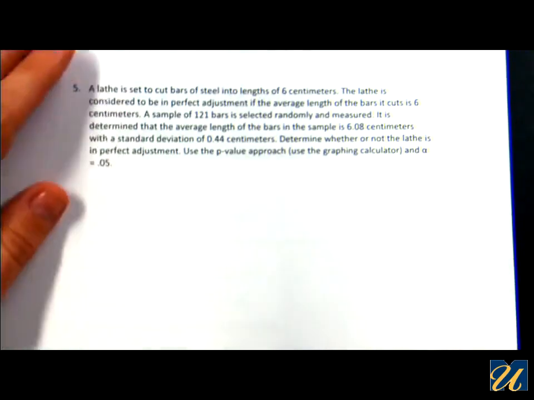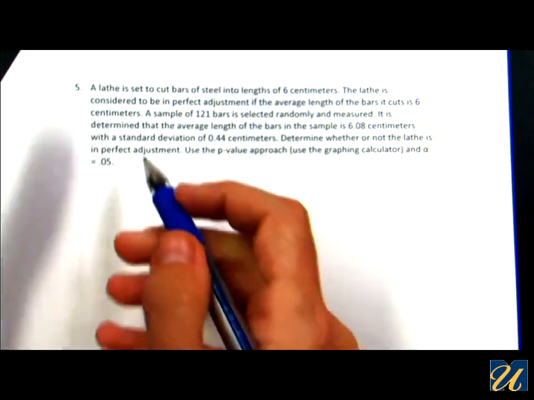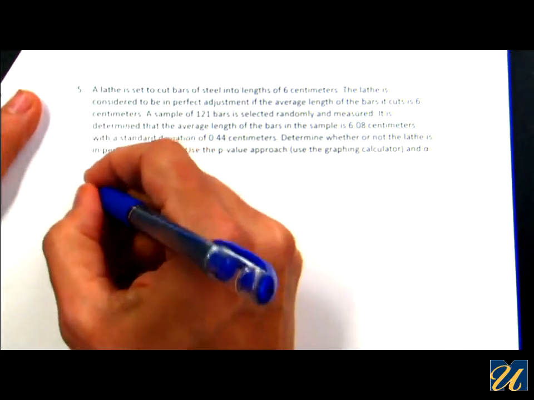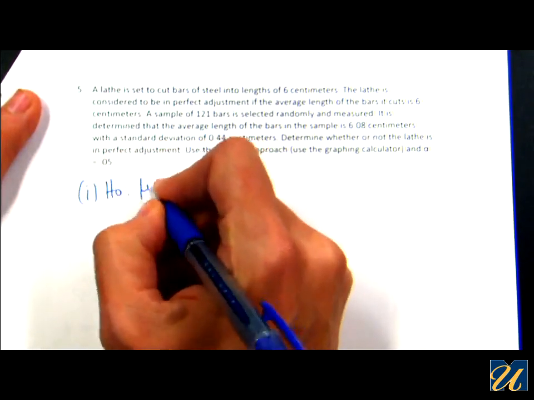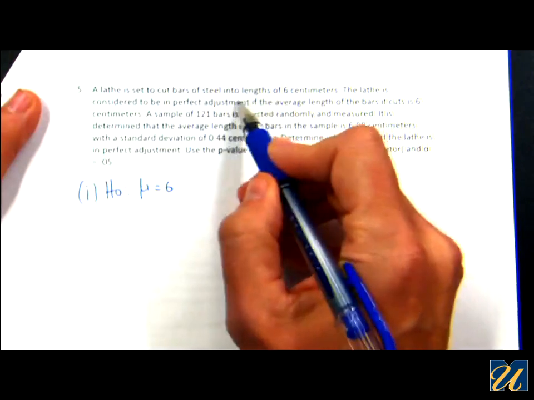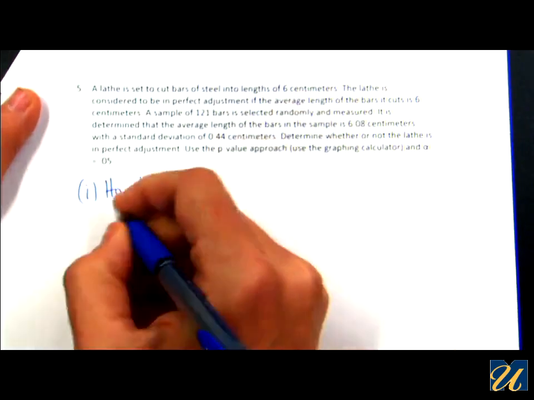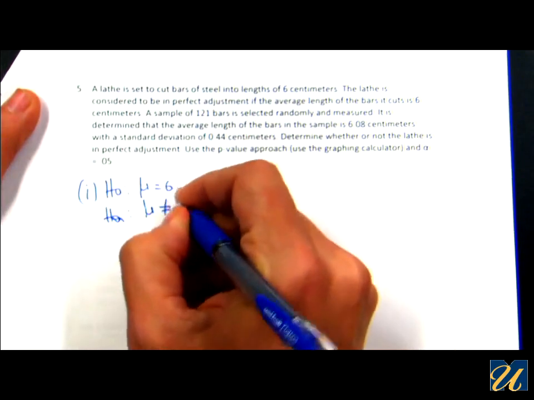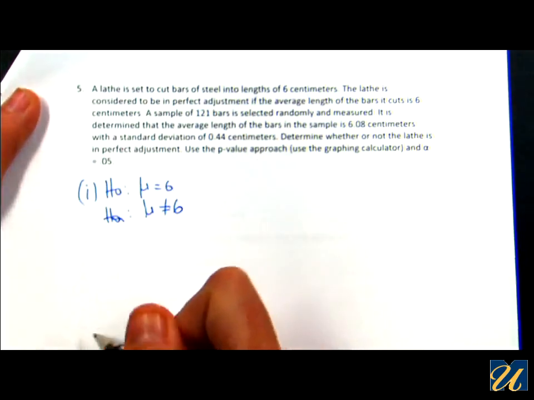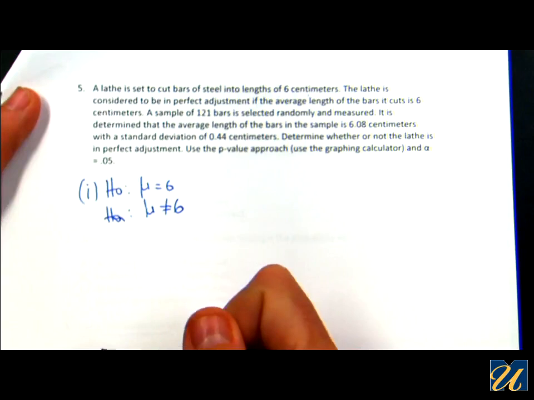For problem number 5, we want to determine whether or not the lathe is in perfect adjustment. So that means that H0 will have mu equal to 6. This is when it is in perfect adjustment. HA will have mu different than 6. So you already know that you're going to have a two-tailed test.